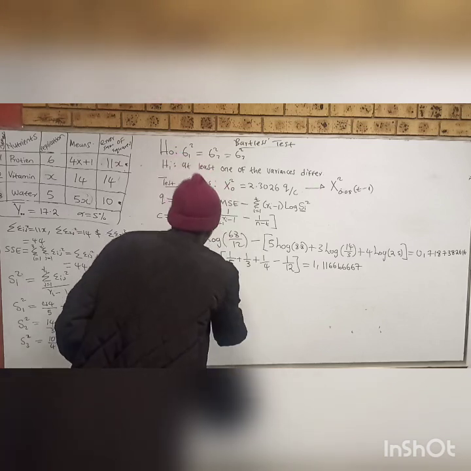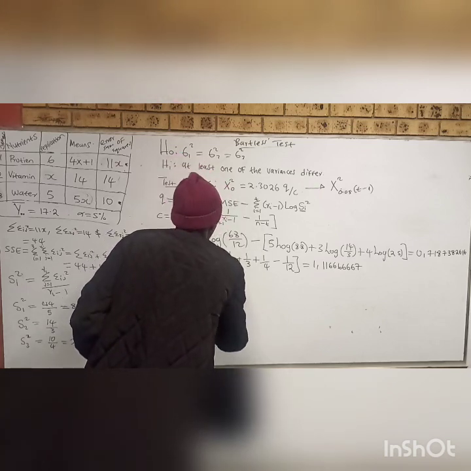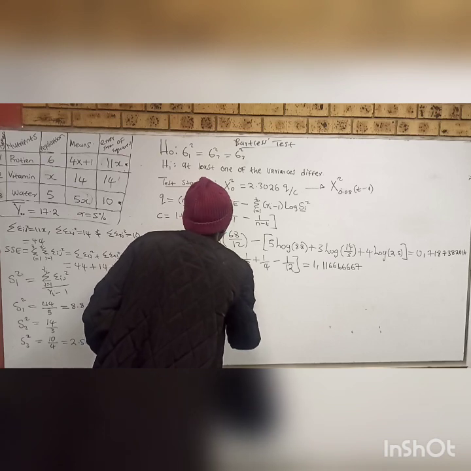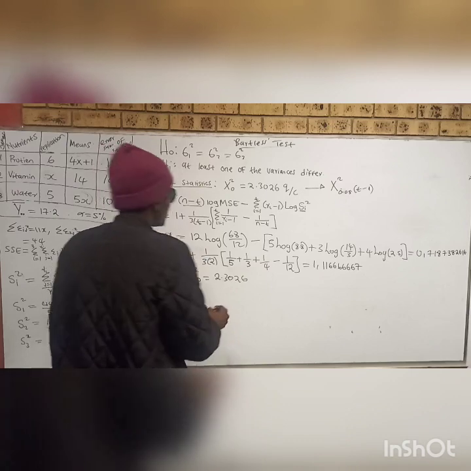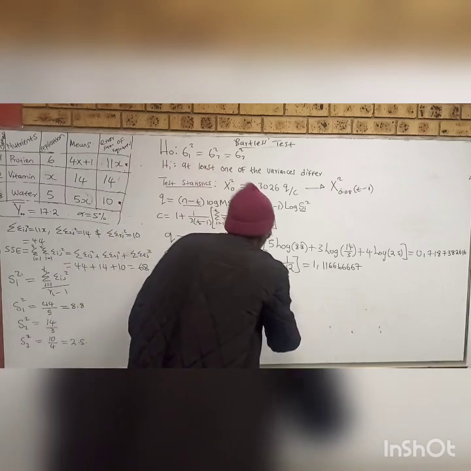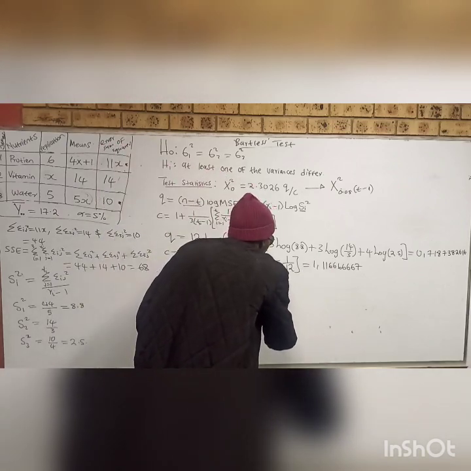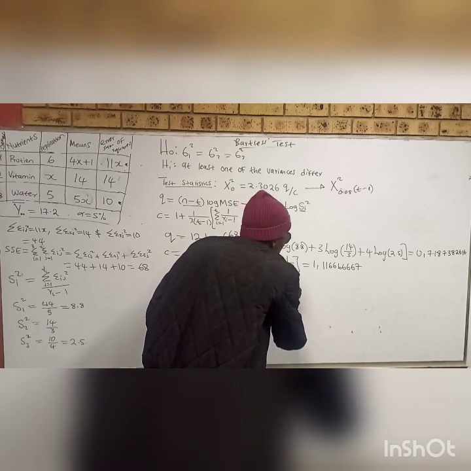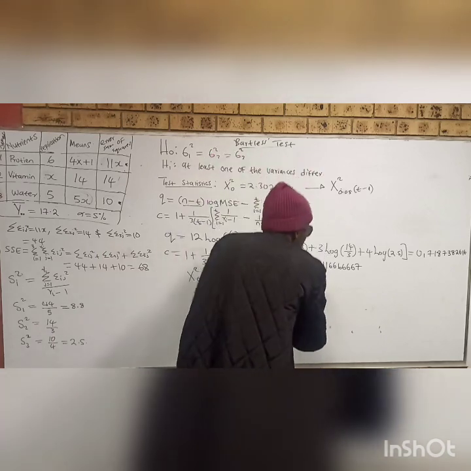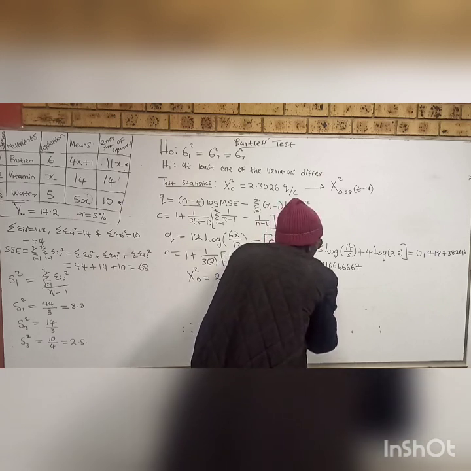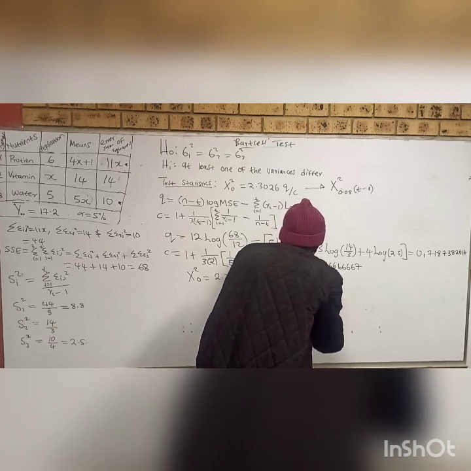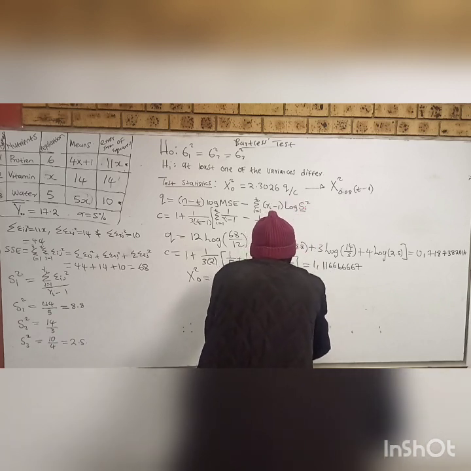We take that value, multiply by 2.3026, then divide by 1.117.